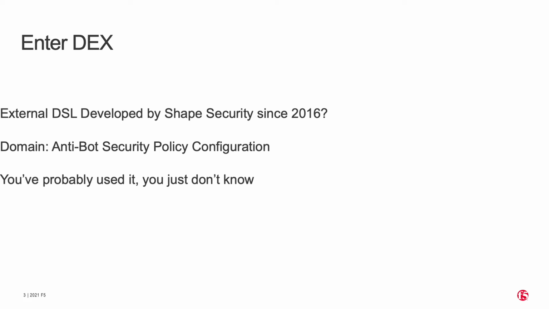So Dex is an external DSL, which Shape developed, I think around 2016, before I got there. And this is the domain it works on.